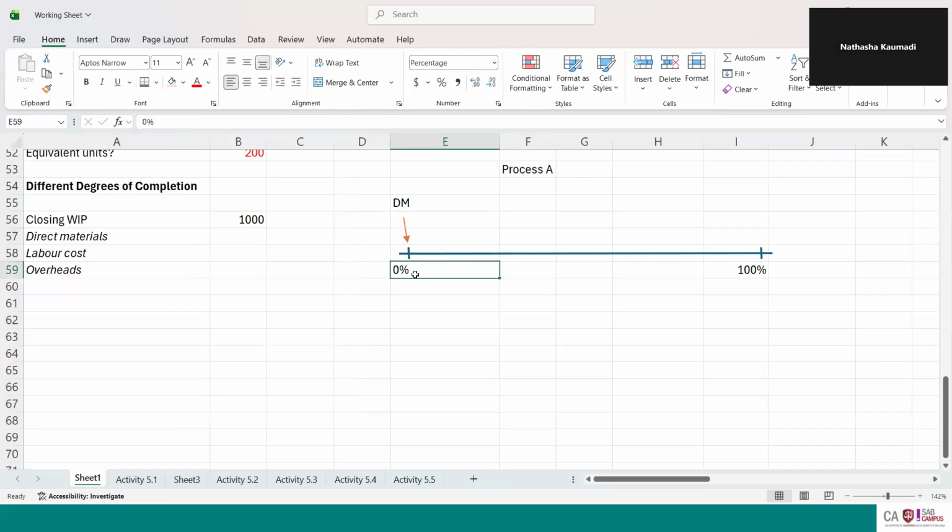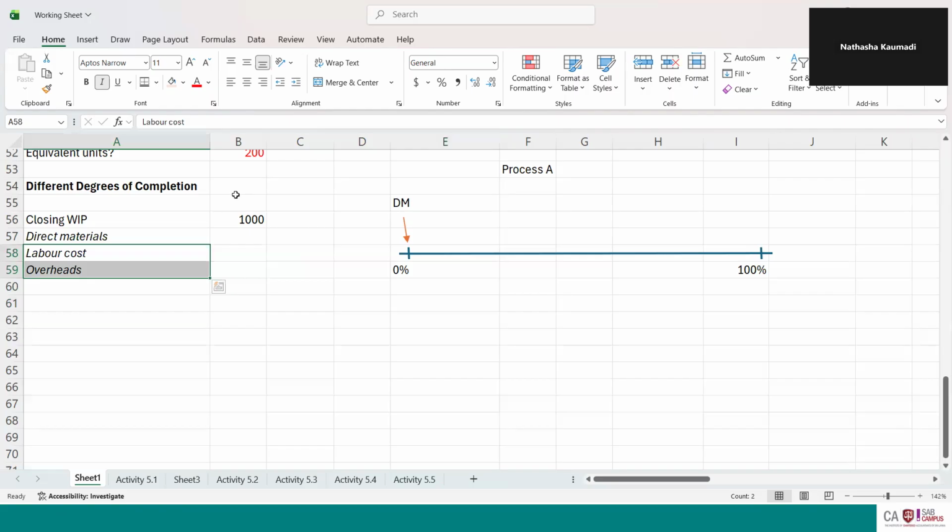Direct materials we are putting at the beginning of the process. And sometimes direct labor and manufacturing overheads, you just put to your process as you complete the things. That means if you have completed 20% of your products, you have put 20% of your direct labor cost and the manufacturing overheads. If you have completed 80% of your production, you have put 80% of your labor and overhead requirements.